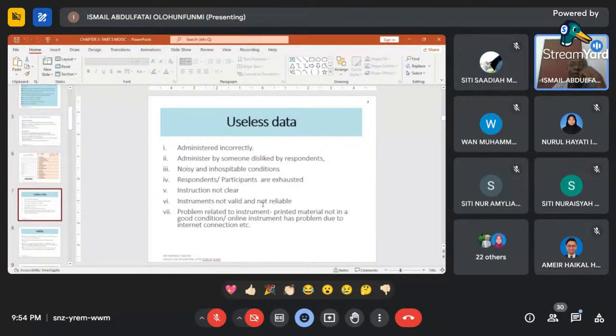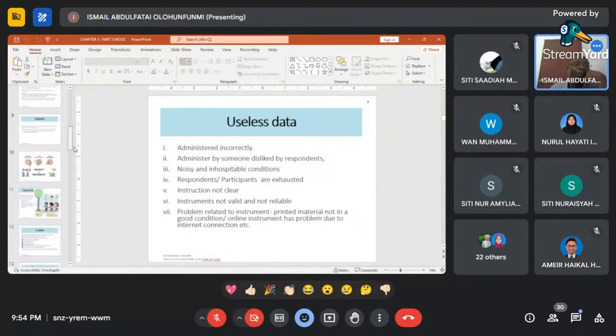An instrument that is not valid and not reliable also gives useless data. Problems related to the instrument, such as printed material not in good condition, or an online instrument that has problems due to internet connection, all these things are useless data.